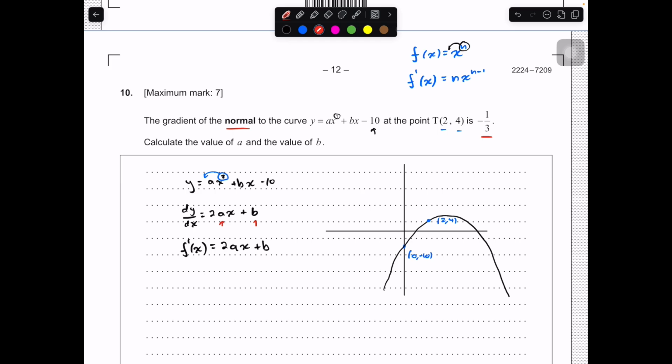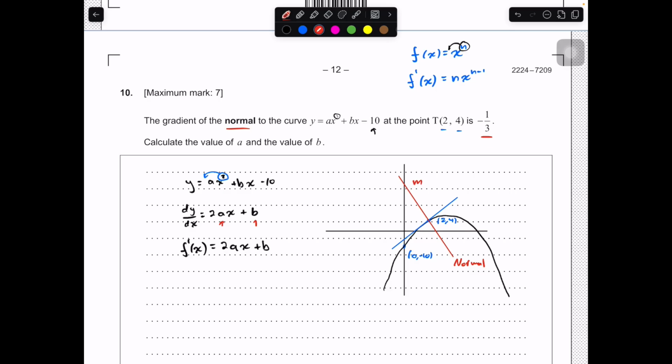I'm going to draw the tangent first, even though we don't know what it is. Okay, so here's our tangent, and let's draw the normal. The normal, we know, occurs at a right angle. So there's the normal, and what do we know about the normal?